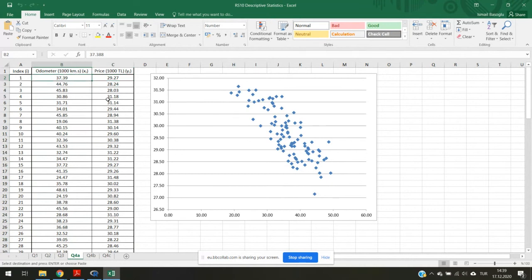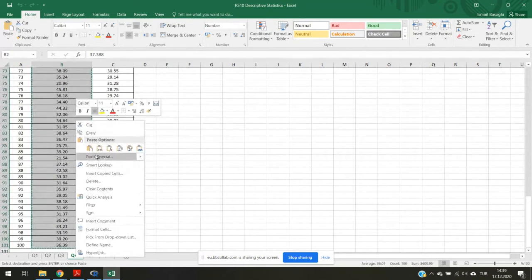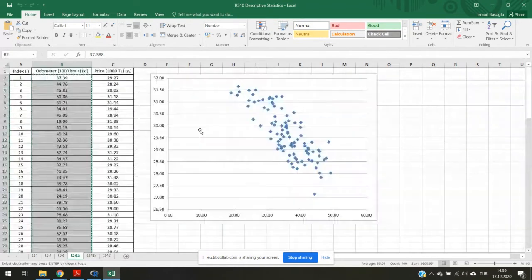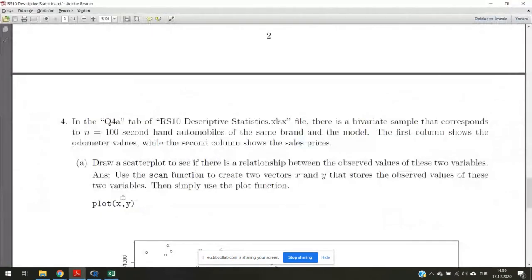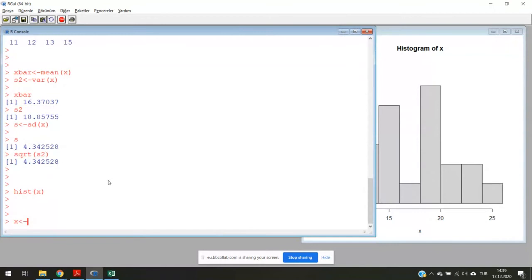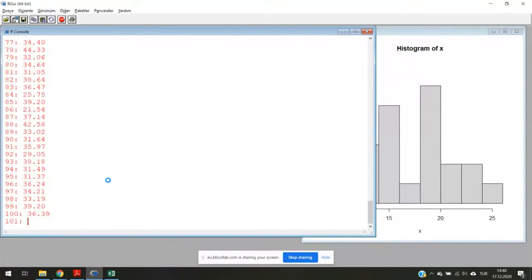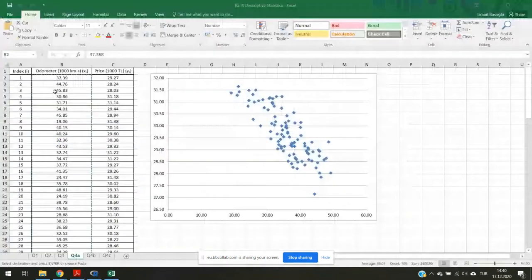So what we are going to do is copy my first column, and these are my X values. I am going to write X <- scan() and paste these values here. I have stored my odometer values in thousands of kilometers.